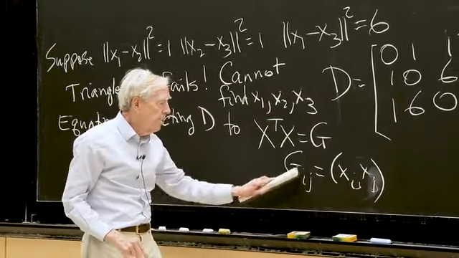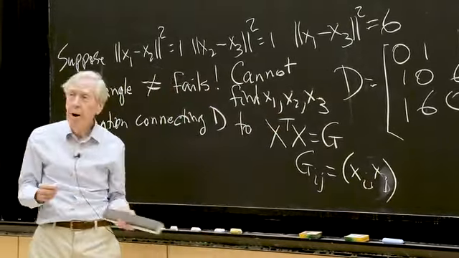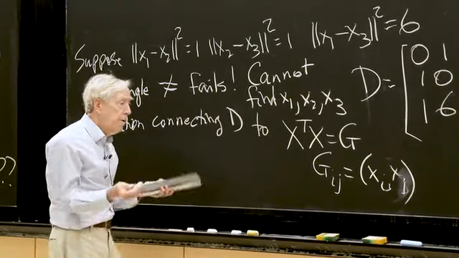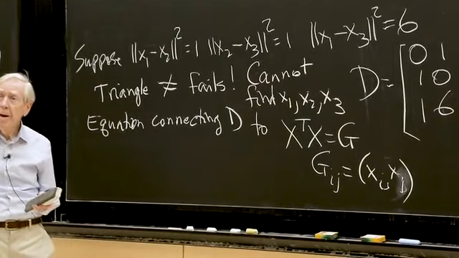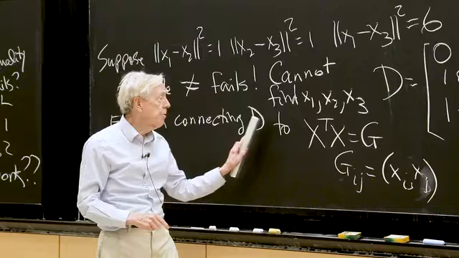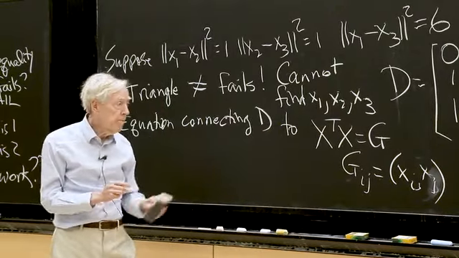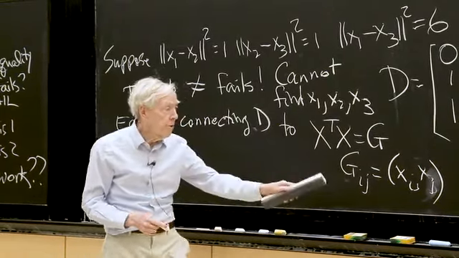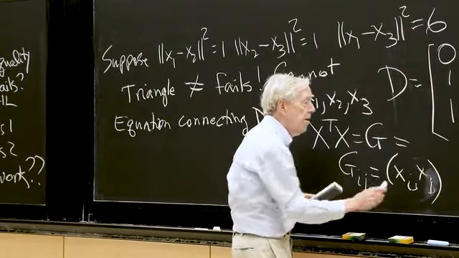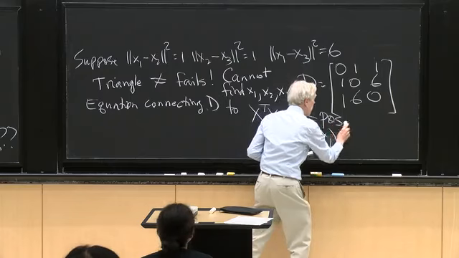So Gij is the matrix of dot products, and the great thing was that we can discover that the matrix G comes directly from D. And of course, what do we know about this matrix of cross products? We know that it is positive semi-definite.